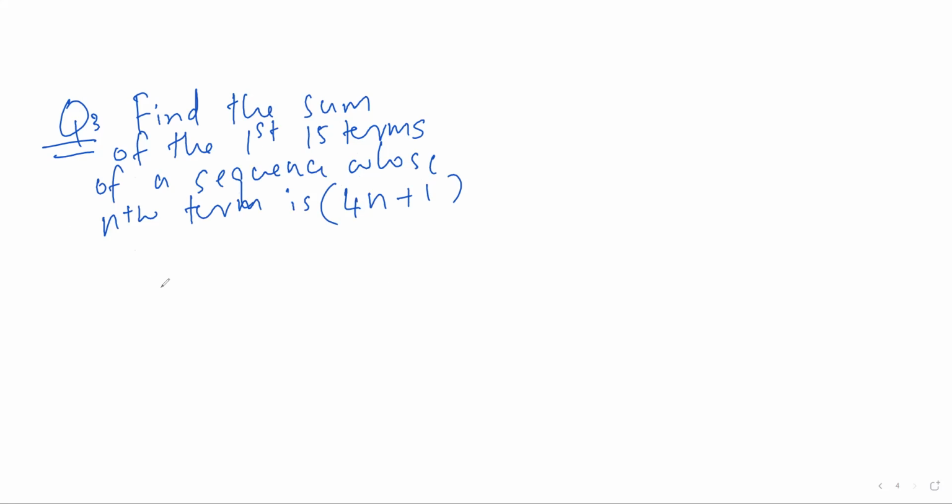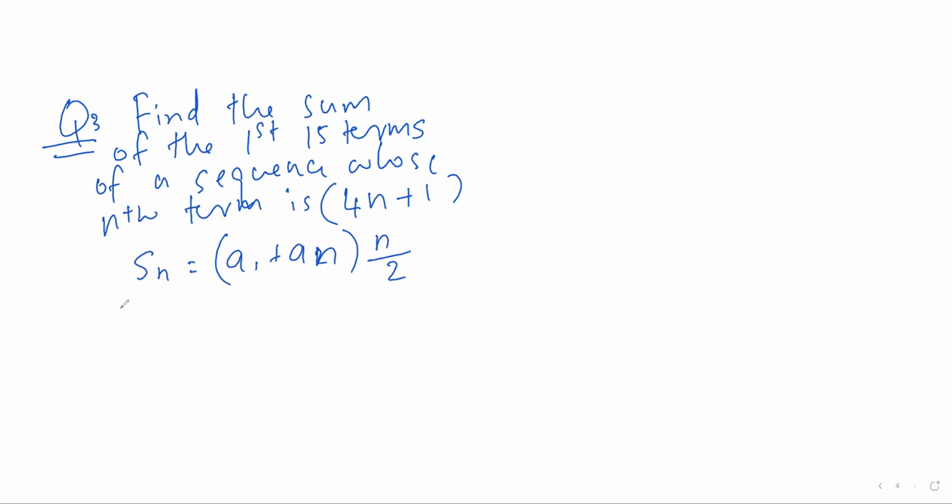Here we are asked to find the sum of 15 terms. The straightforward equation is a1 plus an, times n over 2. This seems to be the reasonable equation because you don't really have to find the d, the common difference, if you use this equation.